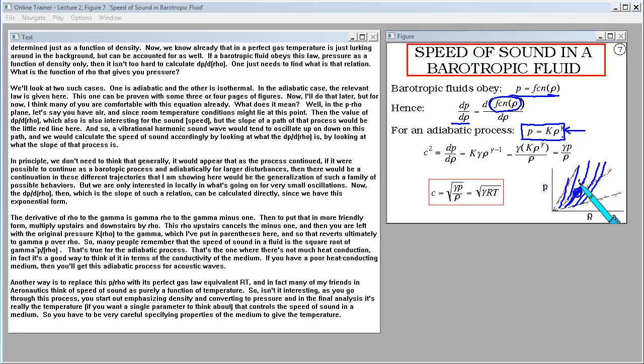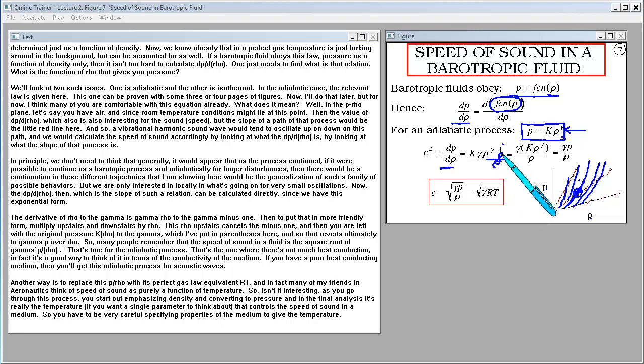Now, the dp d rho, which is the slope of such a relation, can be calculated directly since we have this exponential form. The derivative of rho to the gamma is gamma rho to the gamma minus 1. Then, to put that in more friendly form, multiply upstairs and downstairs by rho.